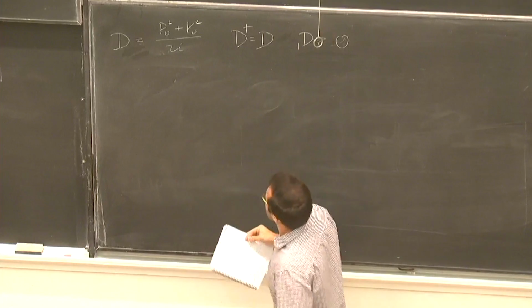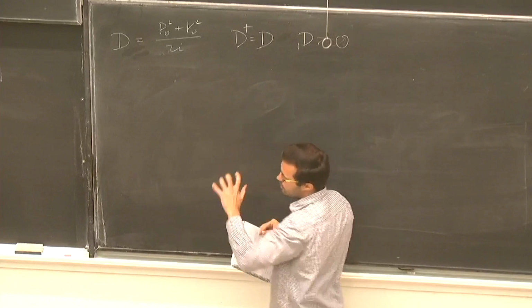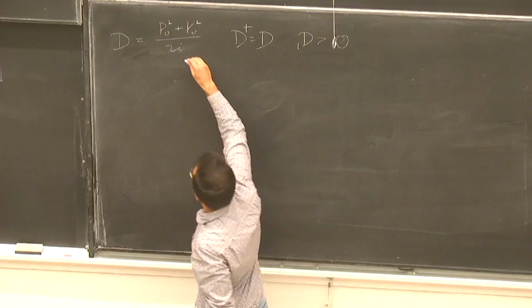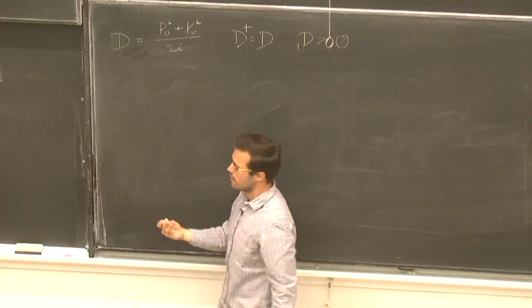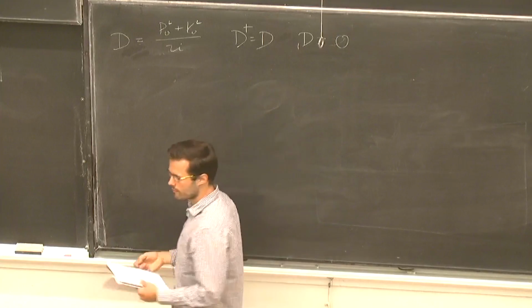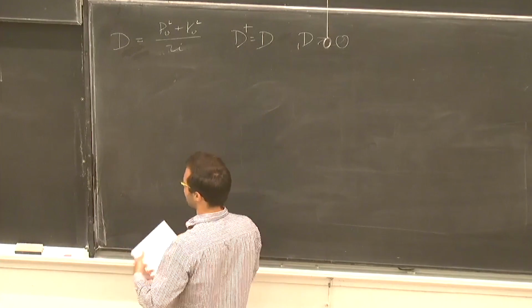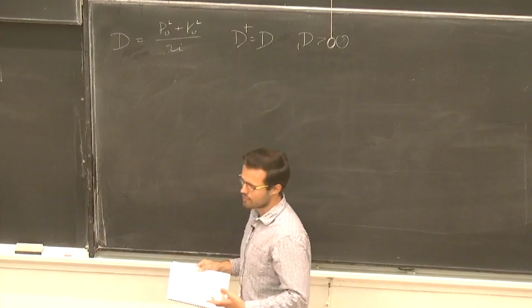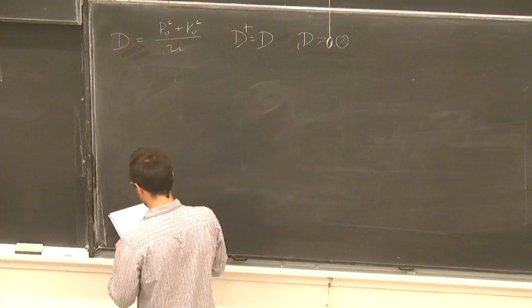Now, this operator does not act geometrically on Minkowski space because of the i, so it will not preserve the Lorentzian slice, but it acts geometrically in Euclidean signature, which is why we like Euclidean signature so much in CFTs.